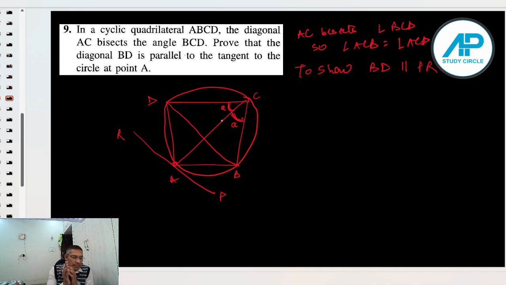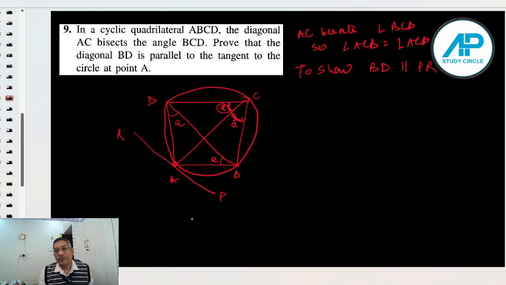Now this question, I make an alert for you. From this question I am seeing that the property of tangents and property of circle are in combination. So here you can see this angle is A, right? This angle is also A because these two are in the same segment.